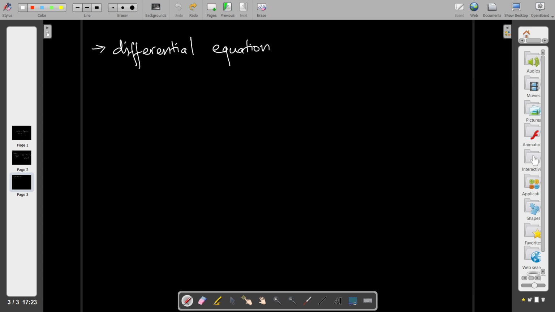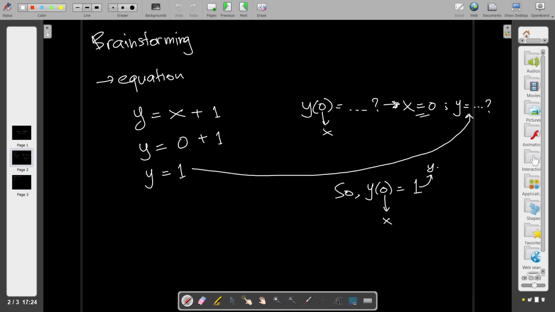So I have this expression. So this is dy per dx equals x to the power of 2 plus 1. So if the equation is just an ordinary equation, we only have y.